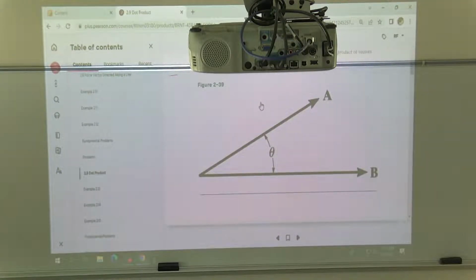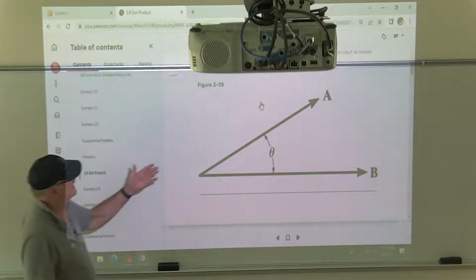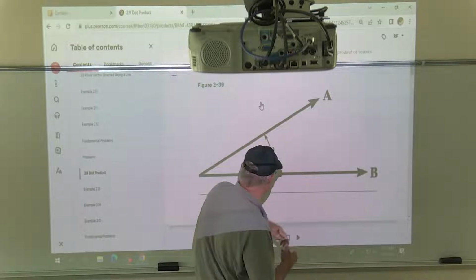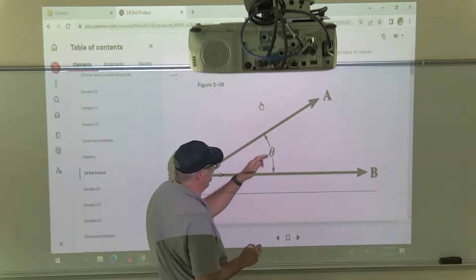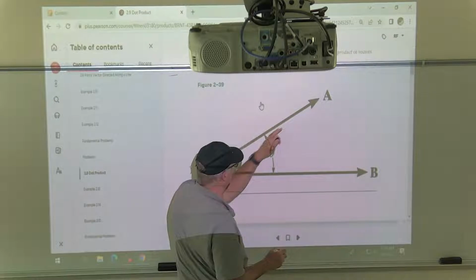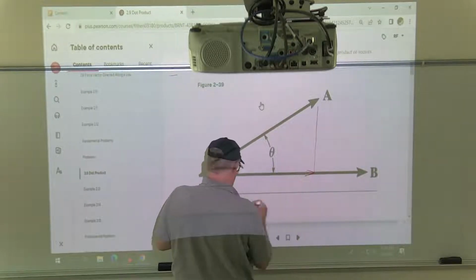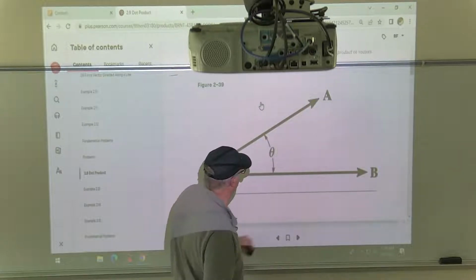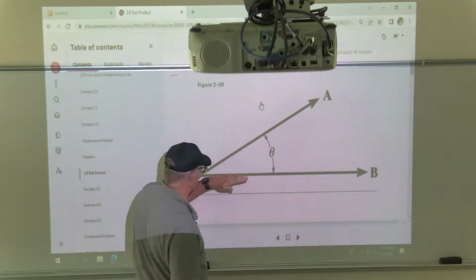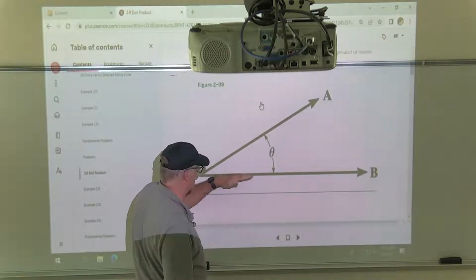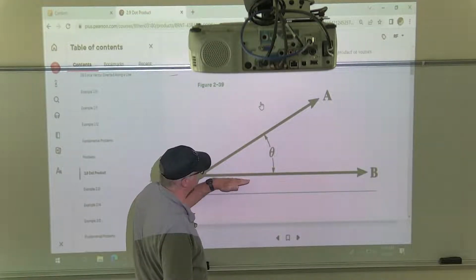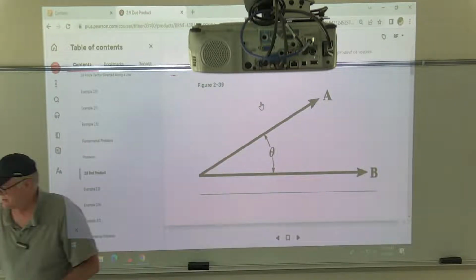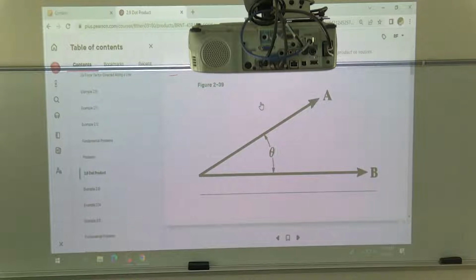We already talked about it: if you wanted to find the component of A projected onto B, you would take a unit vector in the direction of B and dot that with A, and that would give you the projection. We also talked about finding the angle, given that we know the lengths of the two vectors and their directions. If you knew the vectors, you could find the length.